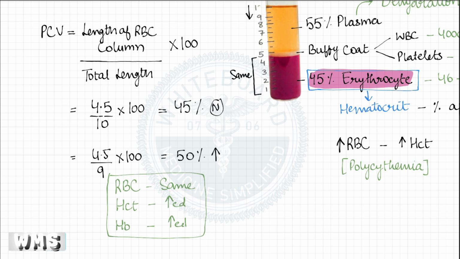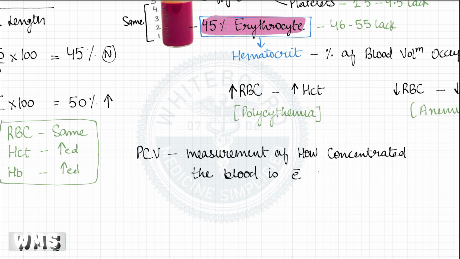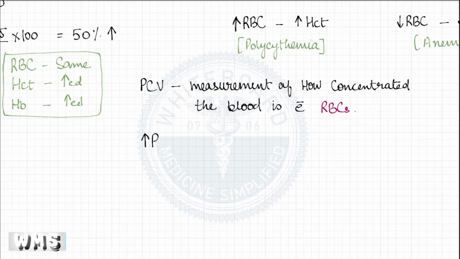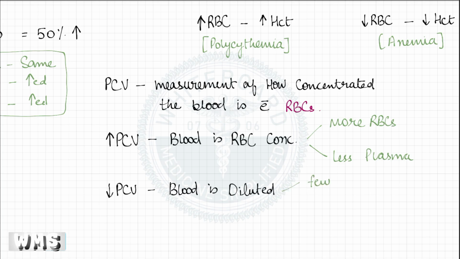But physiologically, you didn't produce extra RBCs. So PCV is the measurement of how concentrated the blood is with RBCs. High PCV: the blood is RBC concentrated, either more RBCs or less plasma. Low PCV: the blood is diluted, either few RBCs or more plasma.